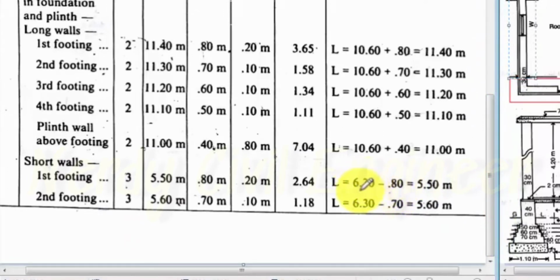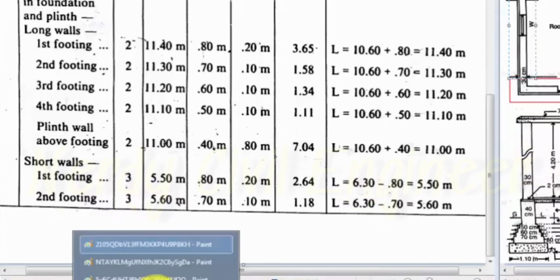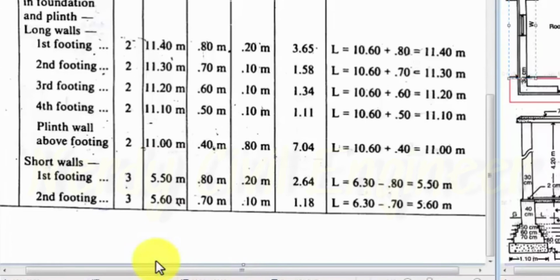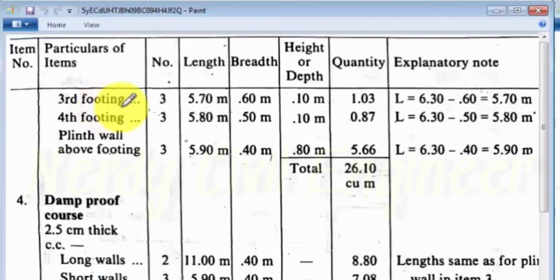Just remember, we always add the breadth of the foundation with the long wall and subtract the breadth of the foundation with the short wall. That's because the long wall considers the foundation altogether, and to avoid calculating twice for the short wall, we deduct the breadth of the foundation. So after adding all the quantities, we will get the total quantity.